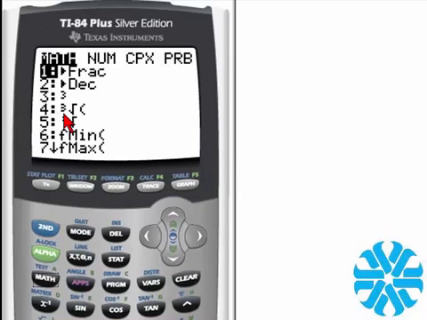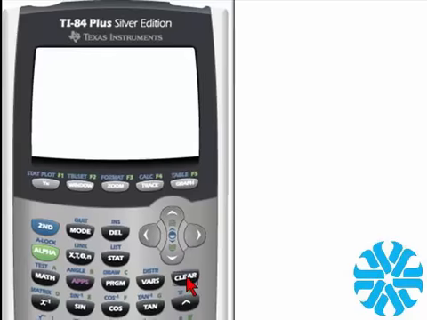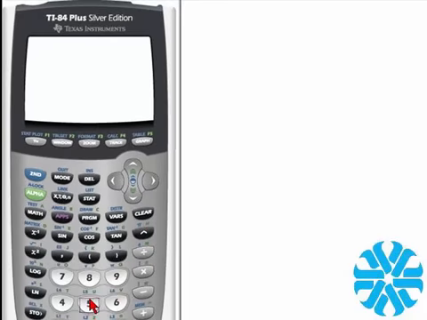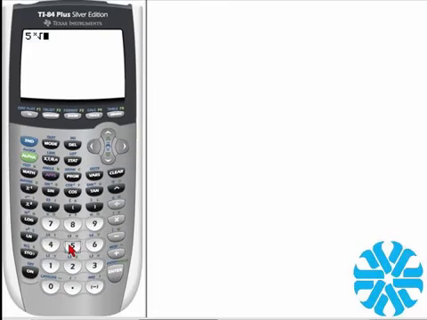So let's go ahead and clear this screen, and let's say we're going to calculate the fifth root of 32. We need to hit the root first, and then the math button, and then line number 5, and then we're going to go ahead and put in 32. And hit enter to get your result.